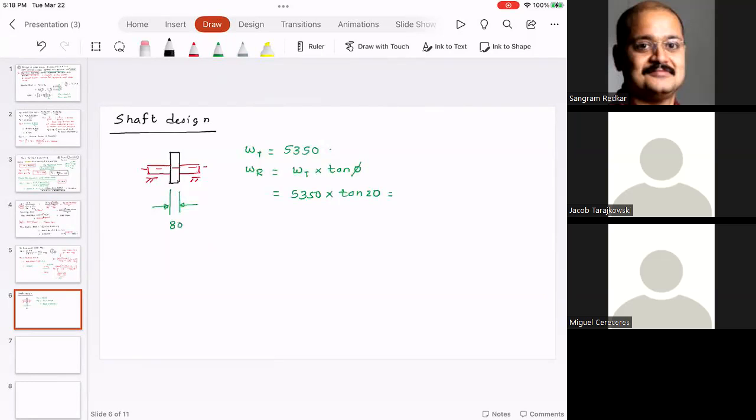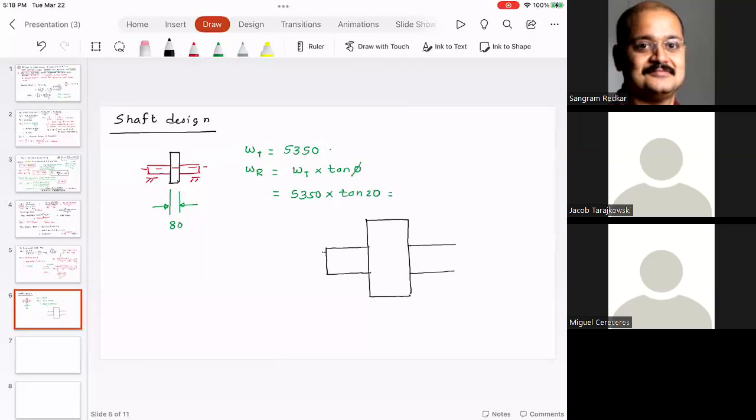Now I just need to spend a little bit of time on deciding the center distance. Clearly the center distance between the bearings depends upon a lot of factors, including the geometry. But unfortunately, we don't know the geometry of the gearbox.